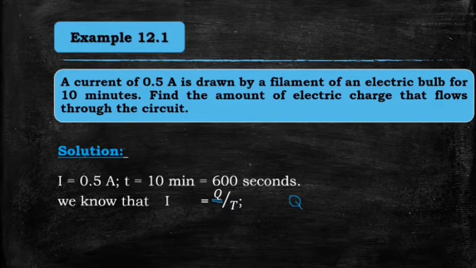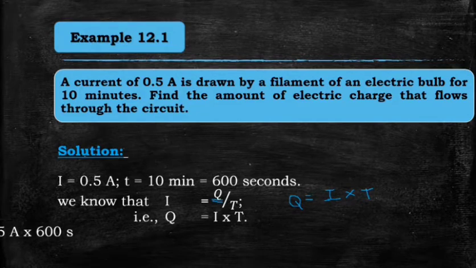We have to alter this formula. Q will be equal to I, what is divided by T will go to the left hand side and get multiplied to the current. So this will be our required formula. That is, Q is equal to I into T.